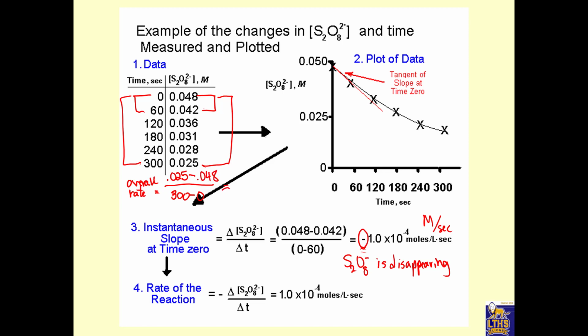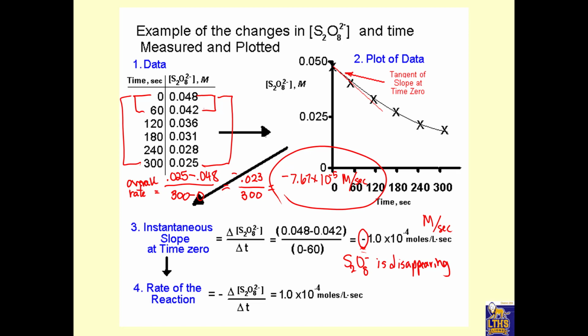What you get is 0.023 over 300 seconds, which you divide out, don't leave it in fraction form, so it's negative 7.67 times 10 to the -5th molar per second. So this is the overall rate of disappearance of S2O8 -2, that polyatomic ion.